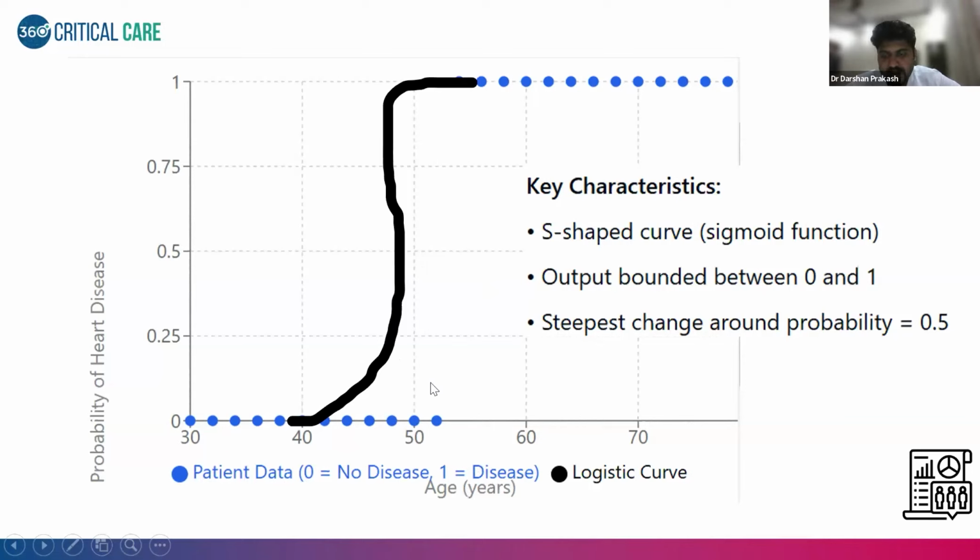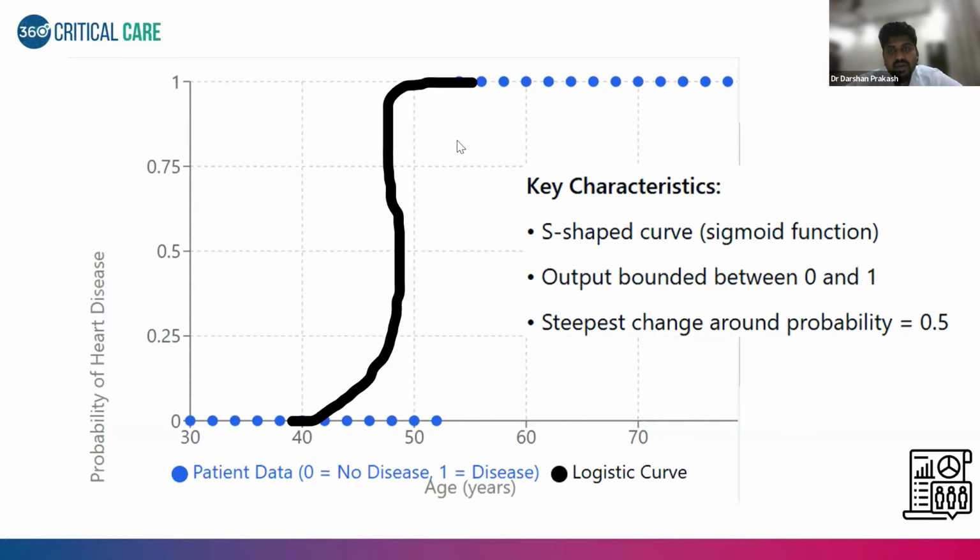Based on the categorical data we arrive at, we put the patients either in the one group or the zero group. Anything below a probability of 0.5 will be no disease, and anyone above a probability of 0.5 will have the disease. This is what they plot against, and based on this we get a logistic curve.